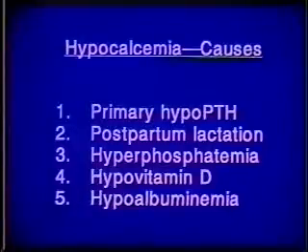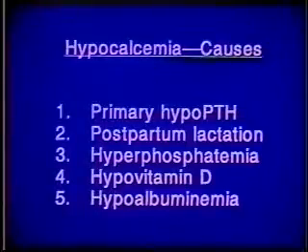The primary causes include primary hypoparathyroidism, postpartum lactation, hyperphosphatemia, as might be brought about with the Fleet enemas that contain high levels of phosphorus that can be eventually absorbed through the bowel, hypovitaminosis D, which is rare, and hypoalbuminemia.